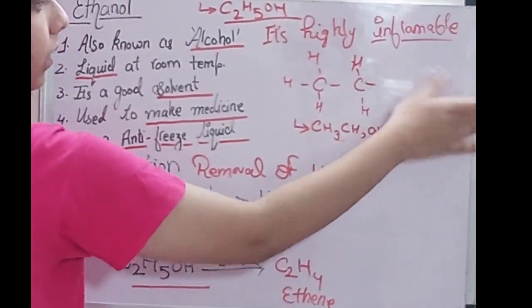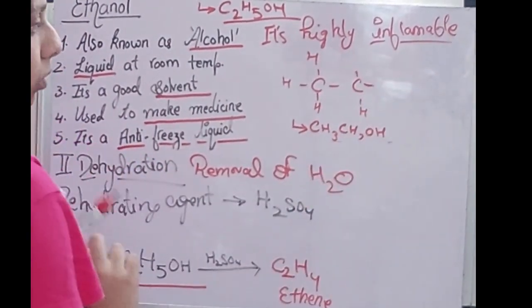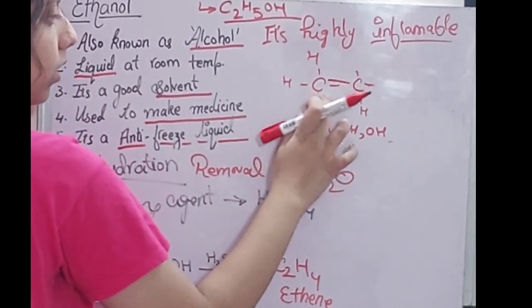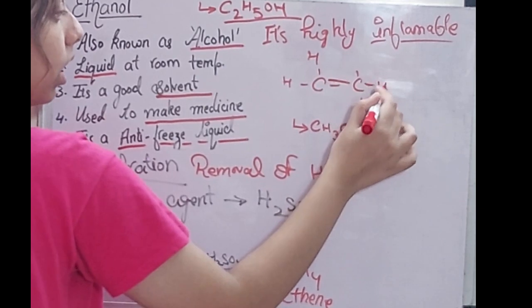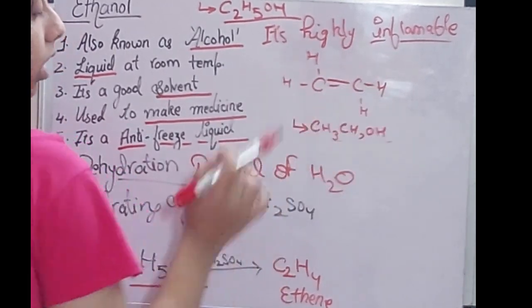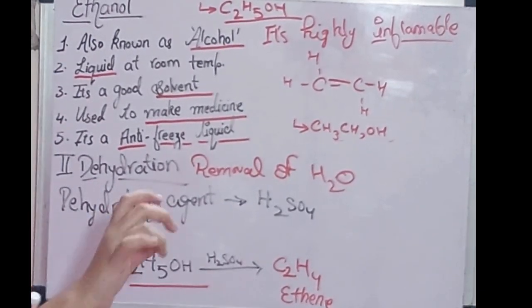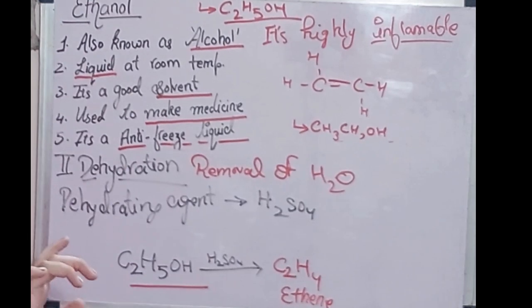So OH atom, one hydrogen is also removed. डबल बॉन्ड लगेगा, तो यहाँ से एक हाइड्रोजन हटेगा और यहाँ एक लगा, तो this is how ethene looks like. सिर्फ OH का वन and H is removed. सिर्फ एक H और एक OH हटता है.